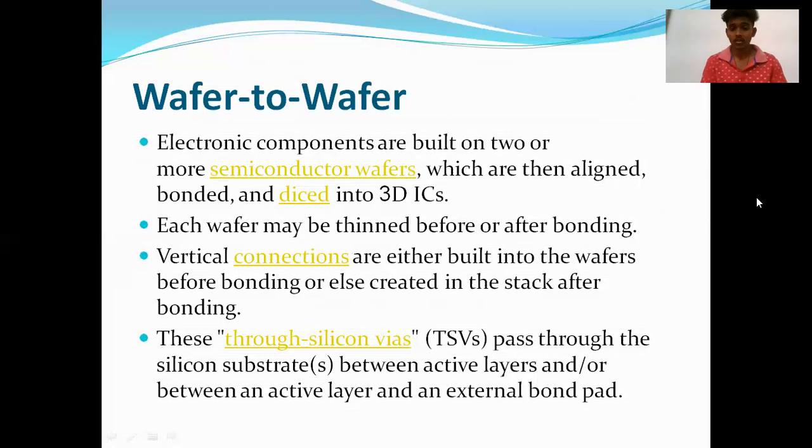Vertical connections are either built into the wafer before bonding or else created in the stack after bonding. We have through silicon vias, where a TSV is passed through the silicon substrate between active layers or between an active layer and an external bond pad.